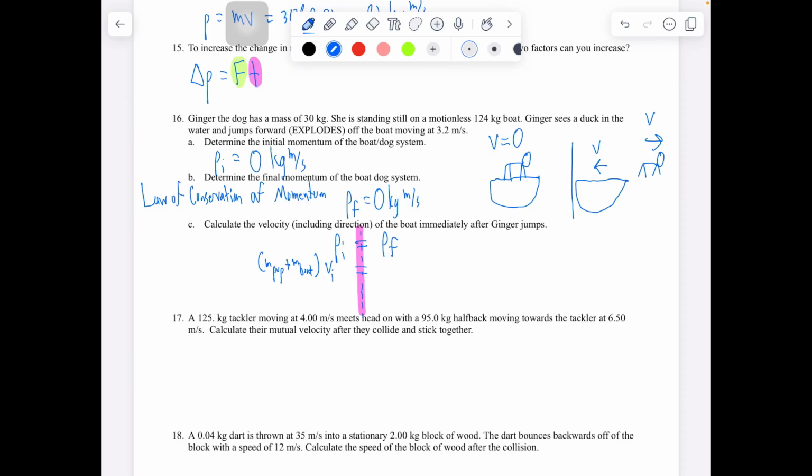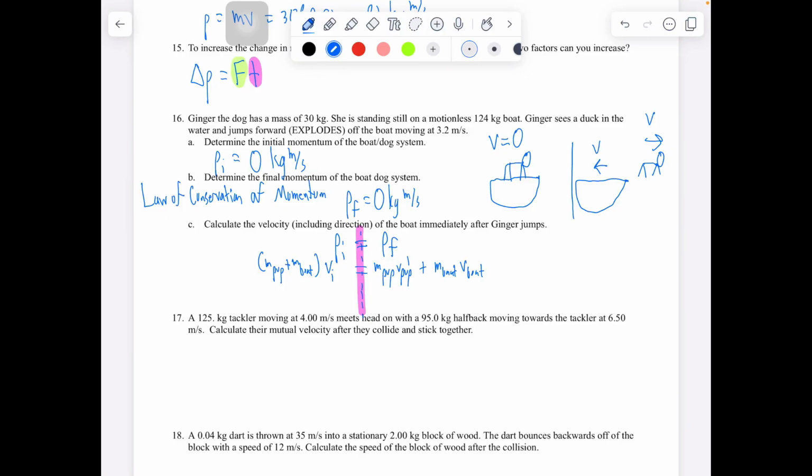Now, they're separate. They're no longer moving together. Treat them as separate objects. This is the mass of the pup times the velocity of the pup after the collision or explosion in this case, plus the mass of the boat times the velocity of the boat. How do we get here? It's just conservation of momentum.